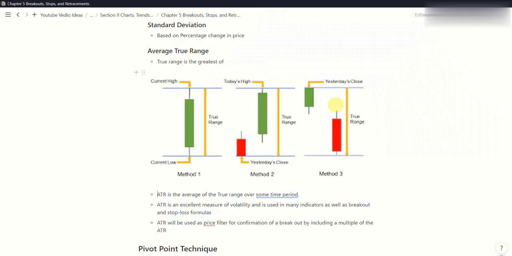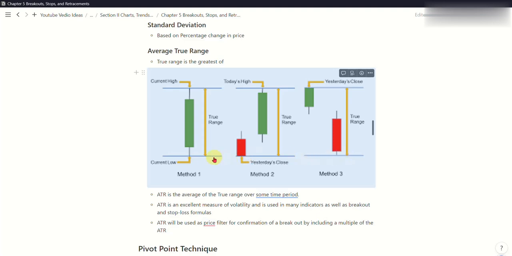Average true range. True range is the greatest of either of three: the difference between current high and current low, or the difference between today's high and yesterday's close, or the difference between yesterday's close and today's low.